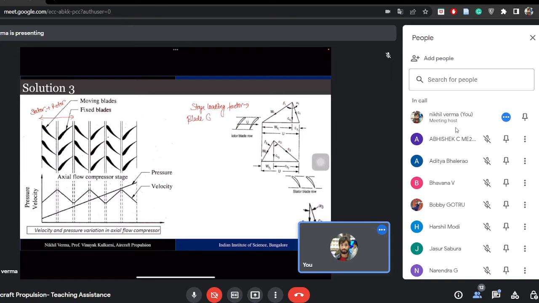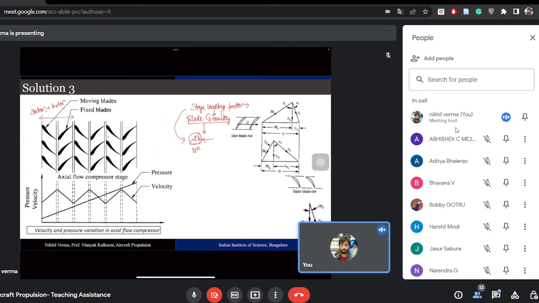This quantity is delta H by U square, where delta H is the change in enthalpy across a single stage. To have a higher pressure, you need a higher delta H.